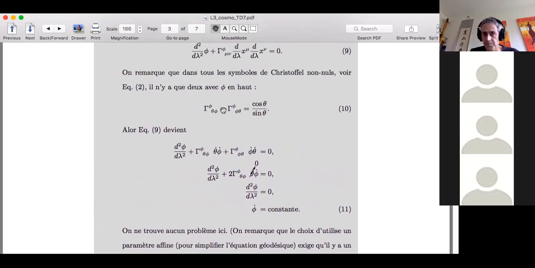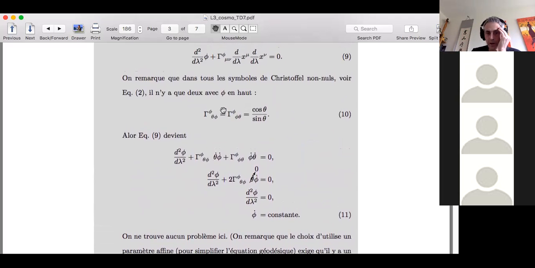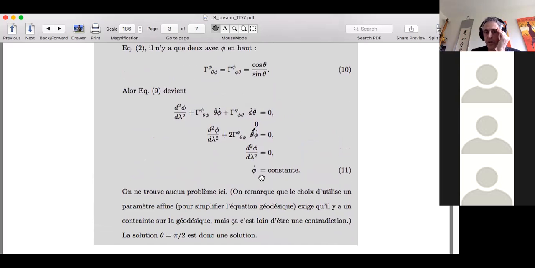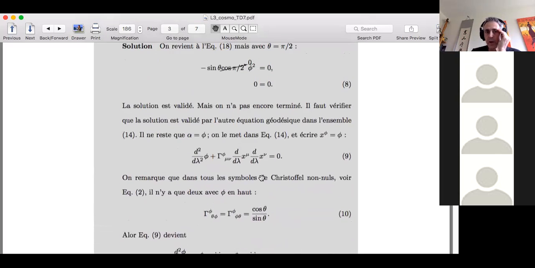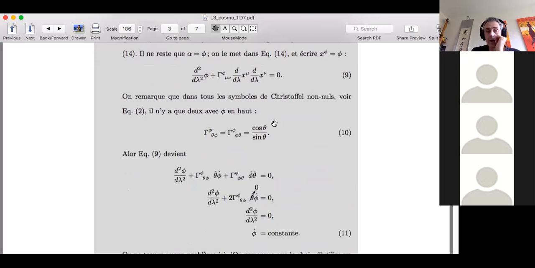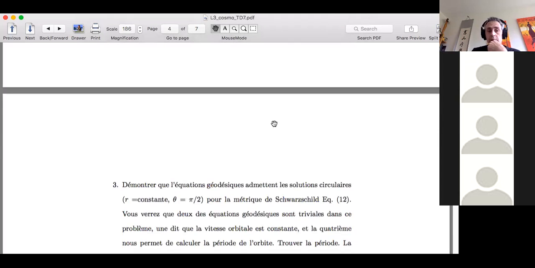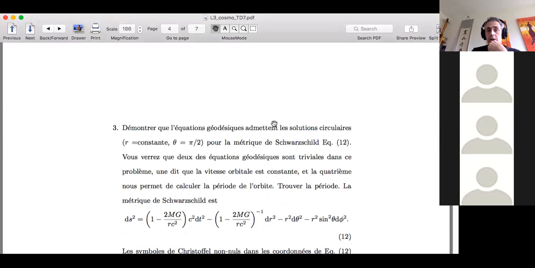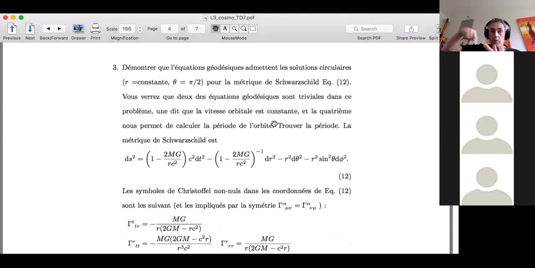We had this equation, which is fine, and the other one was just trivial, 0 equals 0. So there's no contradiction. So that is a solution. As we know, it's just saying the equator is a geodesic on the sphere.